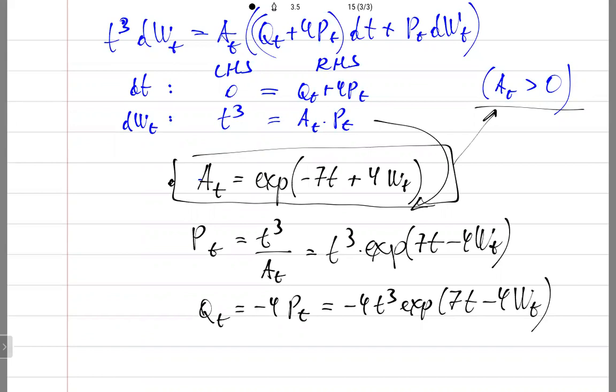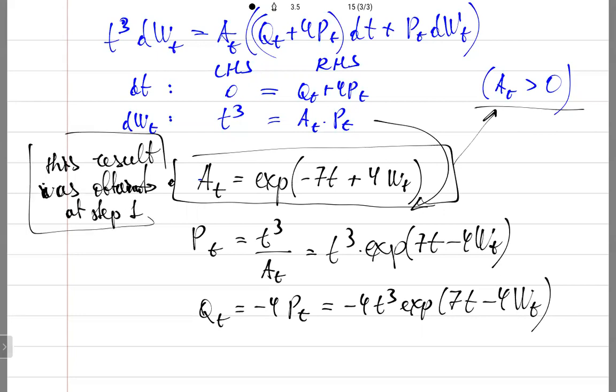I don't care. So this result was obtained before, at step 1. And so it's non-zero. So to make the dt part 0, I need Q plus 4Pt equal to 0.